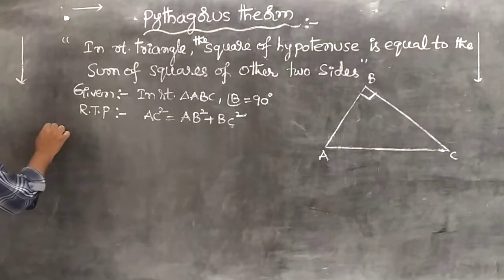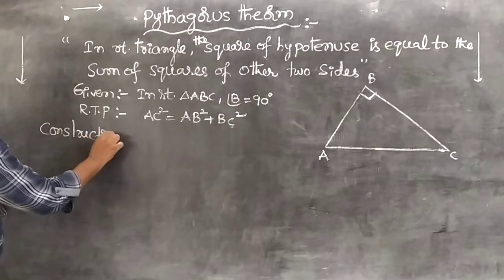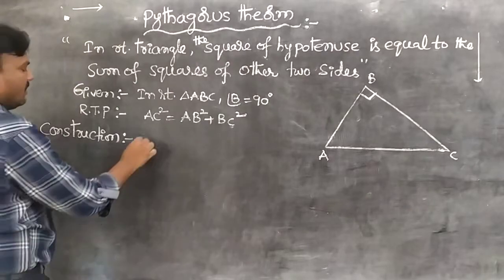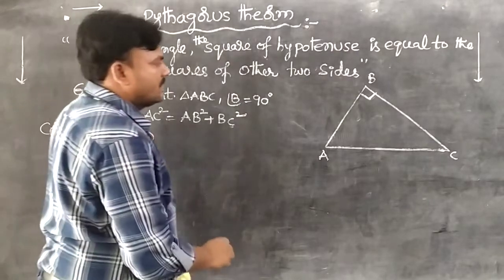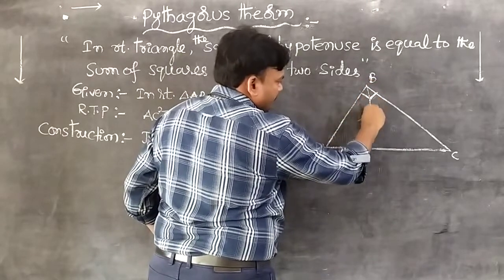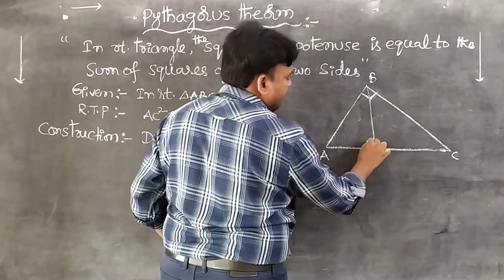Let's go for construction. Here drawn, observe, students. Drawn through B, BD. BD is perpendicular to AC.